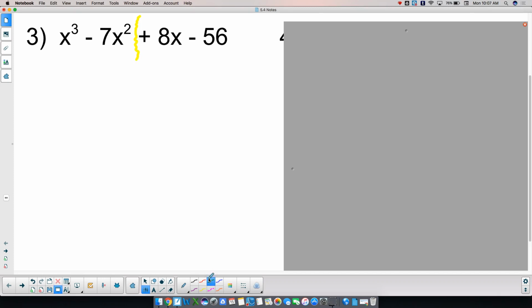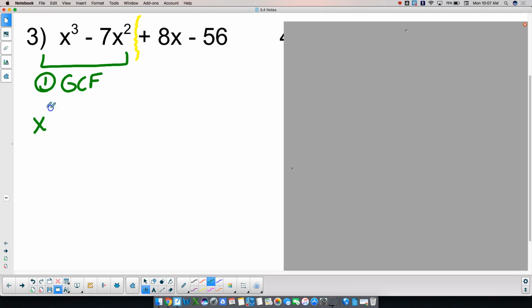Then I am going to GCF the left side. What is the greatest common factor there? X squared. Right? Okay.